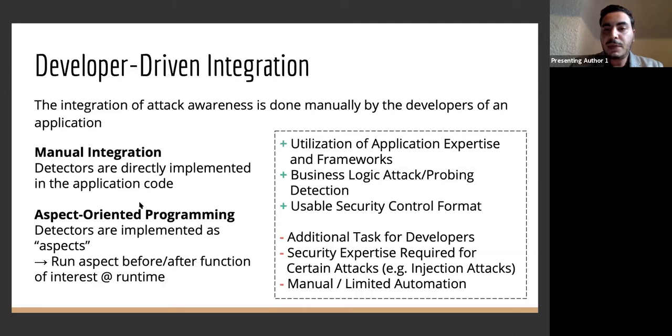Having access to the source code and being part of the team means that you have some expertise, and some of the research suggests that these people, having the knowledge of the application and how it works, are also the ideal candidates to put the detectors at those locations where suspicious or malicious behavior can most likely be caught. And this is especially true for business logic-like attacks, because this is tied to your expertise or what your application does.